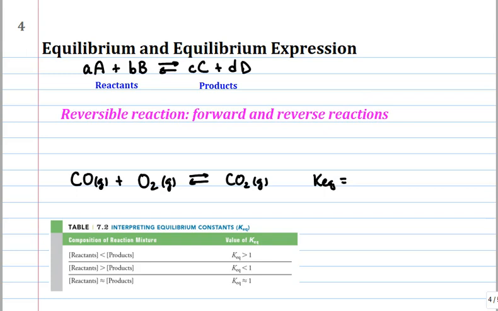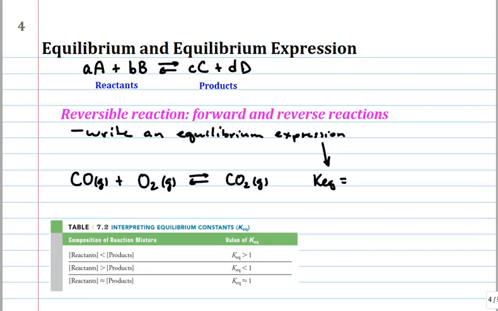One thing that can be done is you can write an equilibrium expression. And an equilibrium expression basically has you define what we call an equilibrium constant.